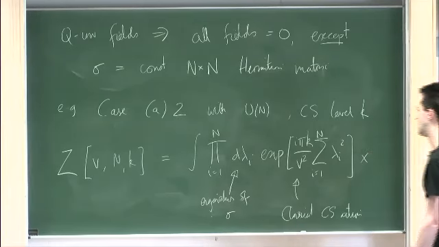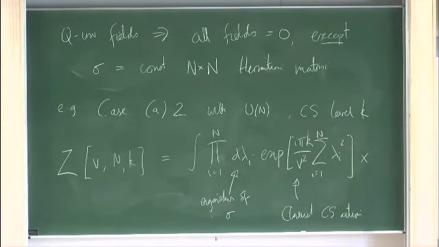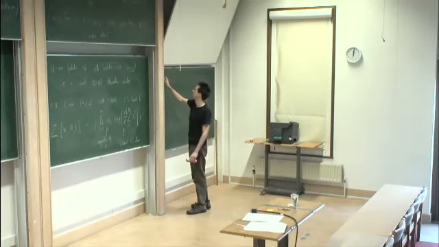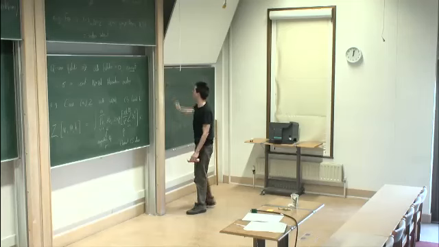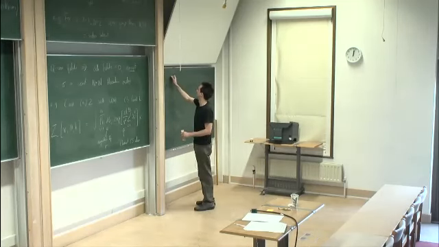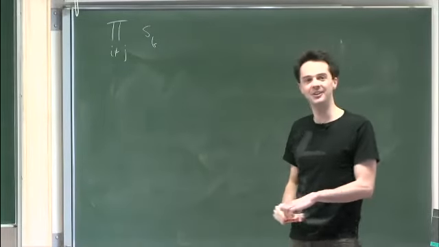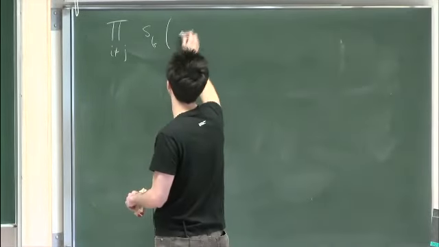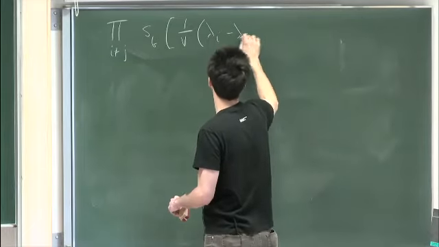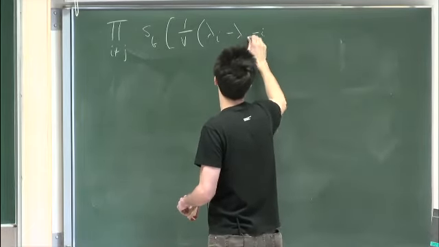Okay, I have to go over to the other board. And then you have a one loop determinant. So I have to do this one loop determinant. This is where it gets ugly. So the product over i not equal to j of S_b, I'll say what it is when I'm done, some function, of 1 over v, and lambda i minus lambda j, minus i.